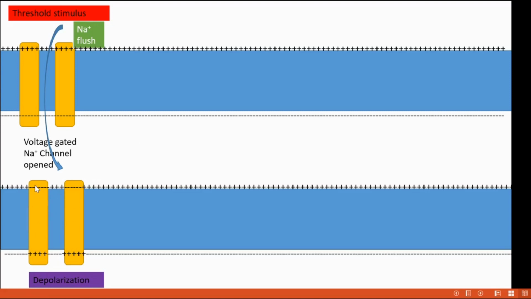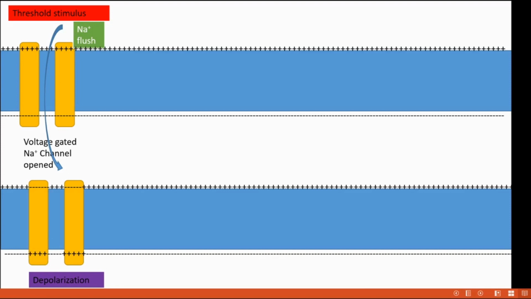Here, as against the normal condition, some point becomes negative on the outside and some point becomes positive on the inside. Here positive is actually required, but it becomes negative, and here negative is actually required, but it changes to positive because of this additional rush of sodium.